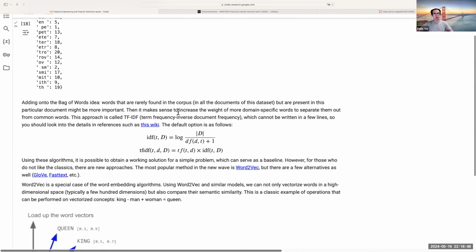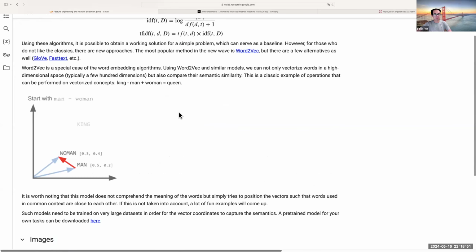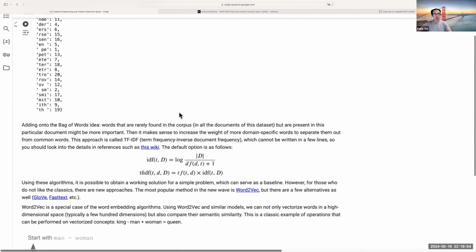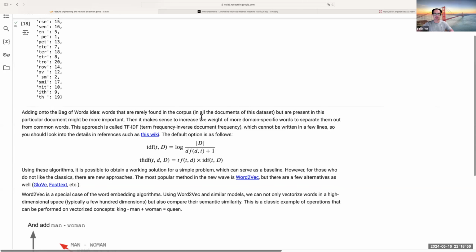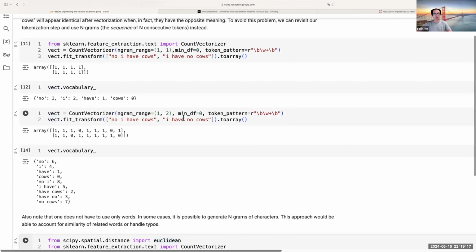All right, and there are also a bunch of other things we can do. For example, we can add more information into the bag of words. Some words are rarely found in the corpus, that means in the documents, which means they're particularly important. For example, right here, maybe cows is more important because it shows up not regularly in the document.